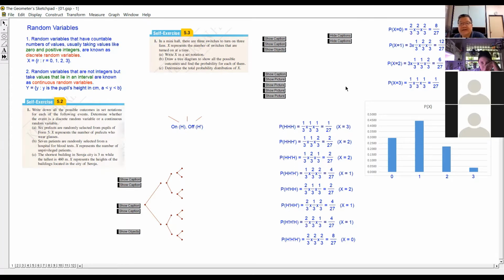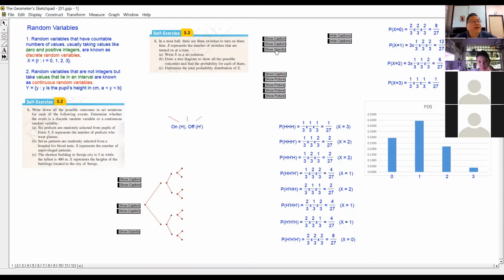Number of people, number of cats, number of white cars, number of blue cars. You cannot have half. Either you have 1 car or 2 cars, you cannot have 1.5 cars. So these numbers are called discrete random variable. Discrete means one by one like that.